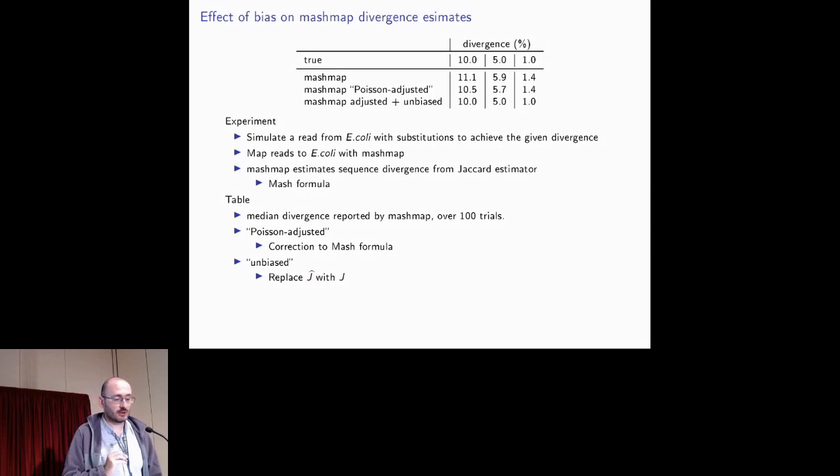That's a separate issue, and we could correct for this approximation by making it exact. And the second thing is the bias of the estimator, and we could correct for that too for these experiments just by replacing the estimator with the true Jaccard. And what we found is that correcting for those two things, we completely got rid of the bias in the output of MashMap. If we look at here, for example, most of the bias was due to the estimator bias.